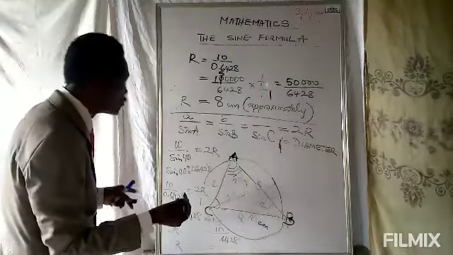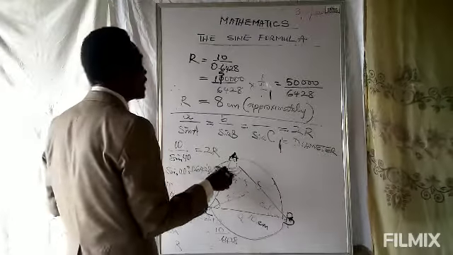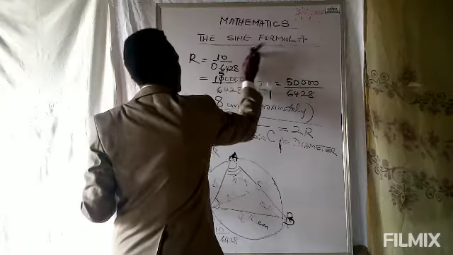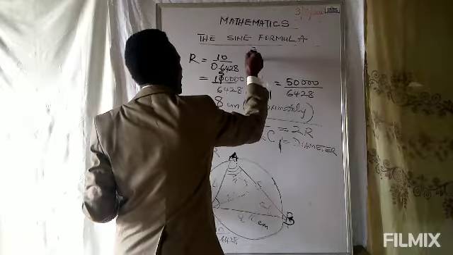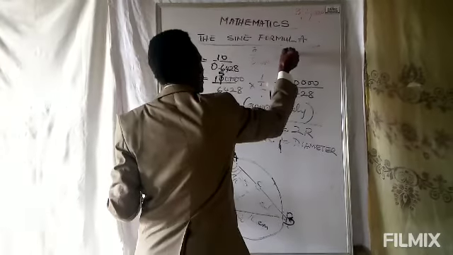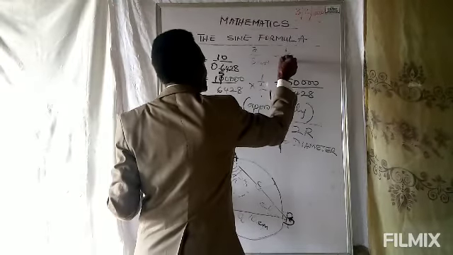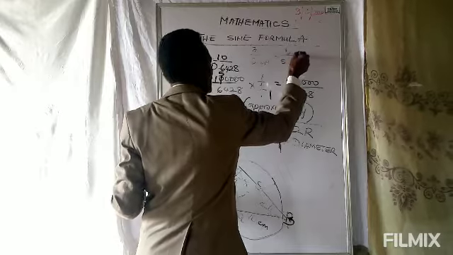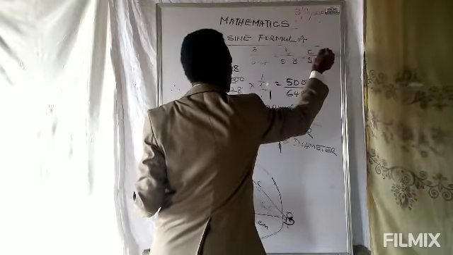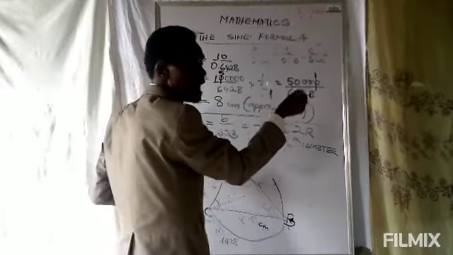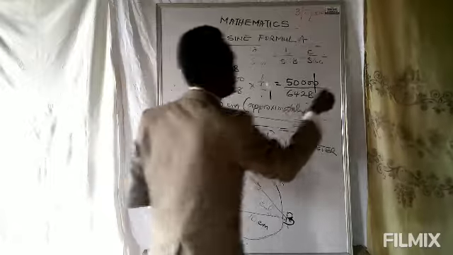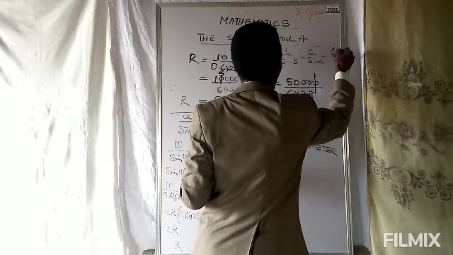So if I am to find B now, then we know from the formula we say small a over sine A is equal to small b over sine B, which is equal to small c over sine C, equal to 2r. Then our r is 8, so our 2r now becomes 16 over 1.